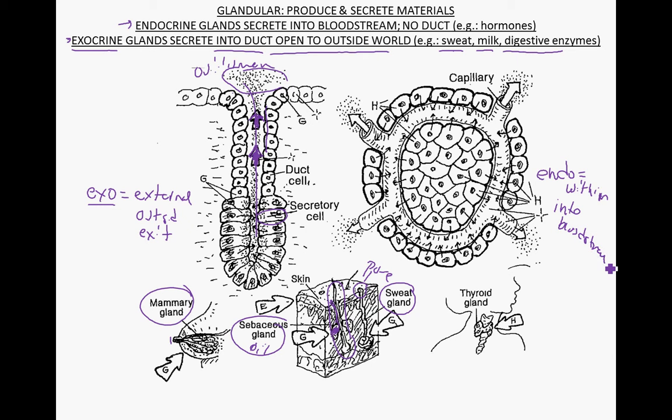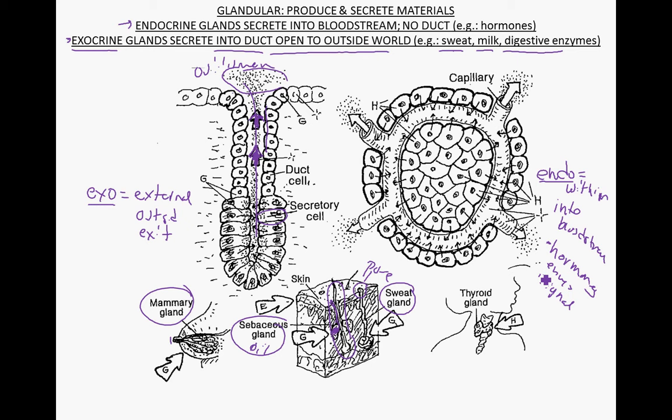It's not open to the outside world. So the definition of an endocrine gland is that their secretions go into the bloodstream. The secretions are typically hormones, or sometimes enzymes, sometimes signal molecules. So hormones, signaling molecules, kind of the same thing there.